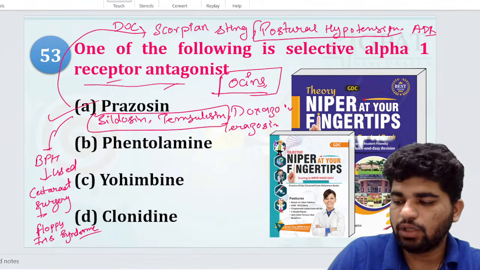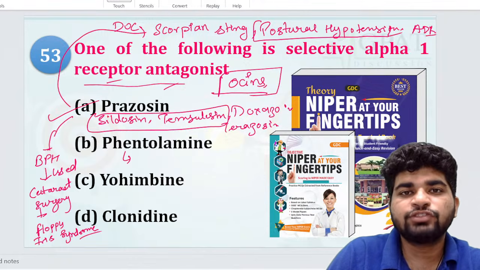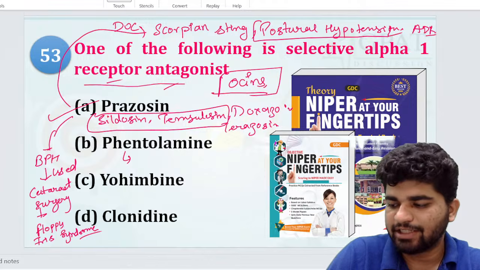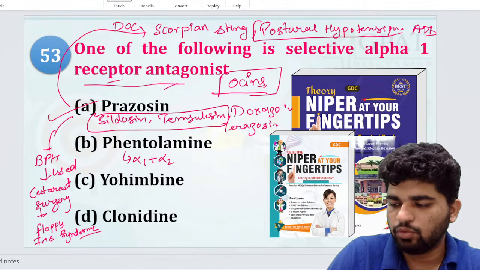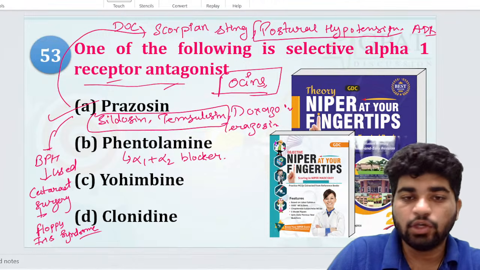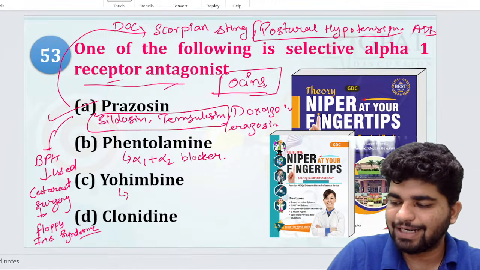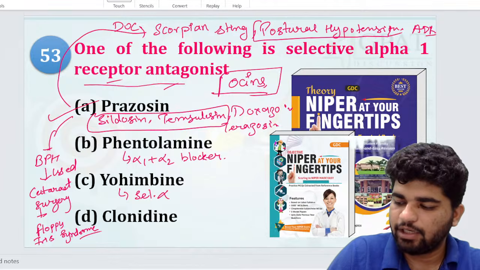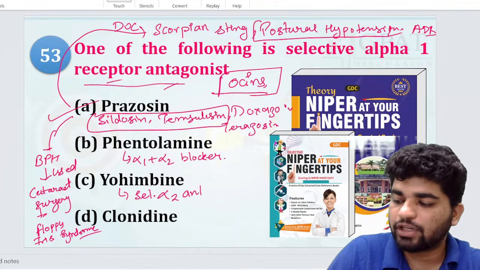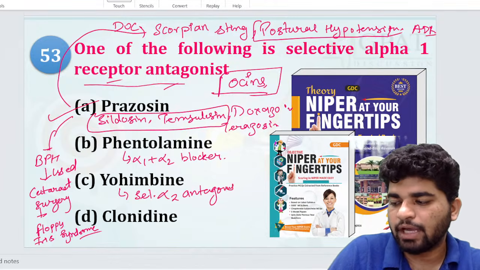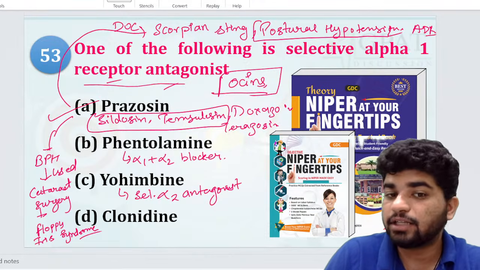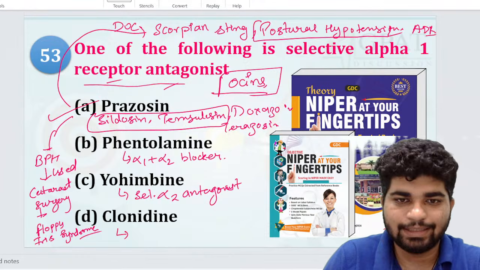Phentolamine, this is your non-selective alpha blocker. That means it is your alpha 1 plus alpha 2 blocker, right? Yohimbine is your selective alpha 2 antagonist, not agonist, because the agonist is nothing but clonidine.